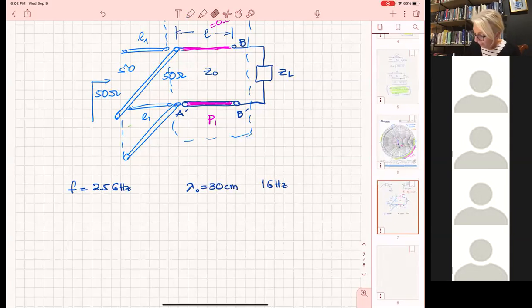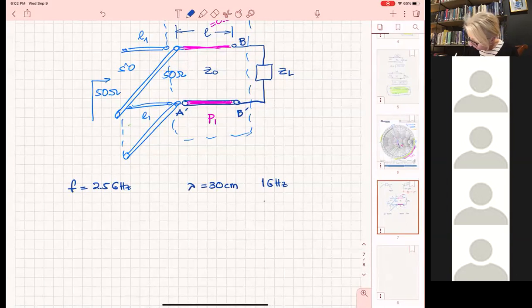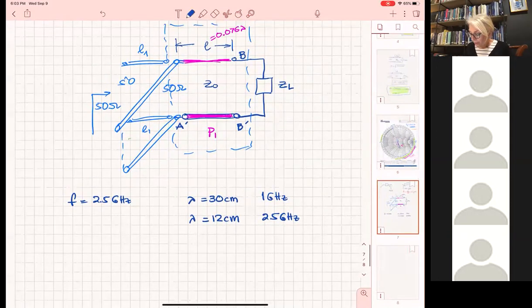So the wavelength at 2.5, how much is it going to be? 30 divided by 2.5. Do you agree? Yes or no? Yes. Good.